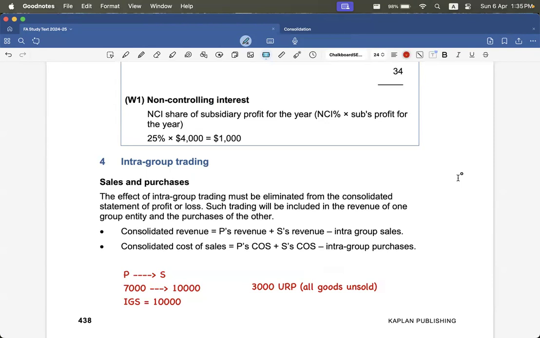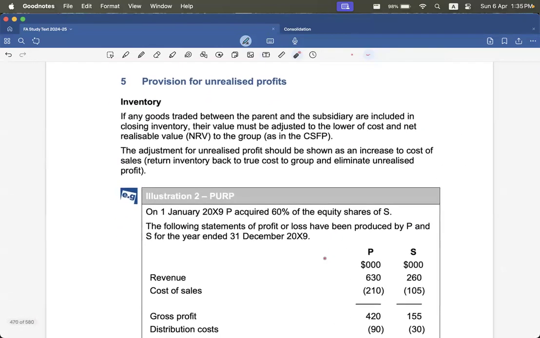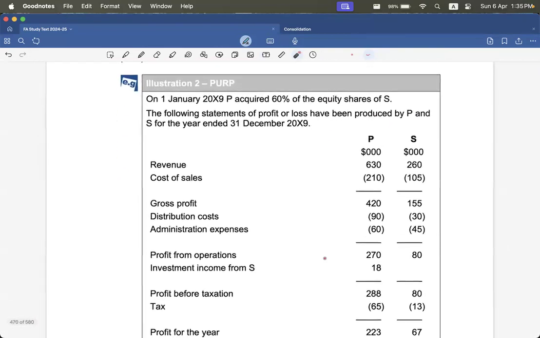In the consolidated SOPL, listen carefully. You remove this IGS from the revenue and from the cost of sales. So what happens to the URP?